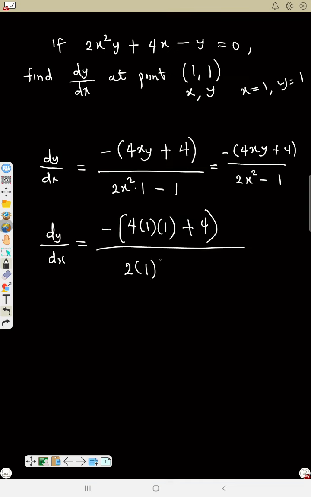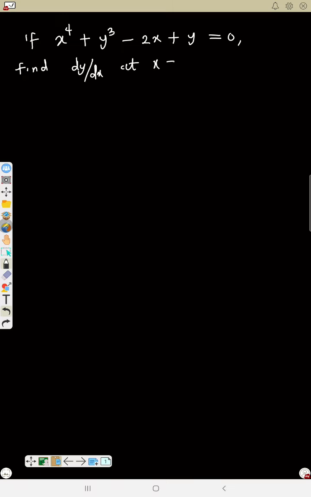Now let's see another example. If x raised to power 4 plus y raised to power 3 minus 2x plus y equals 0, find dy over dx at points 2 comma 1.